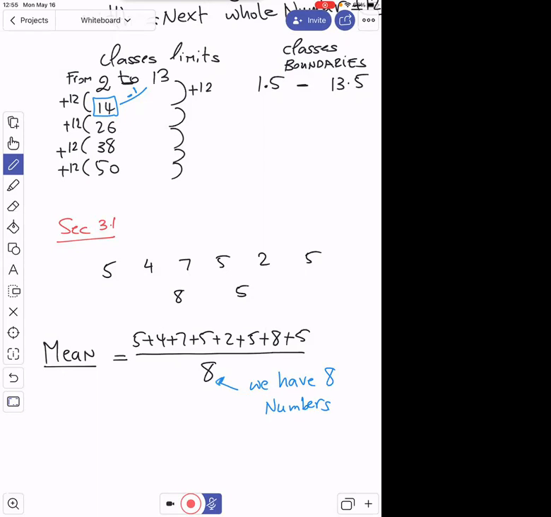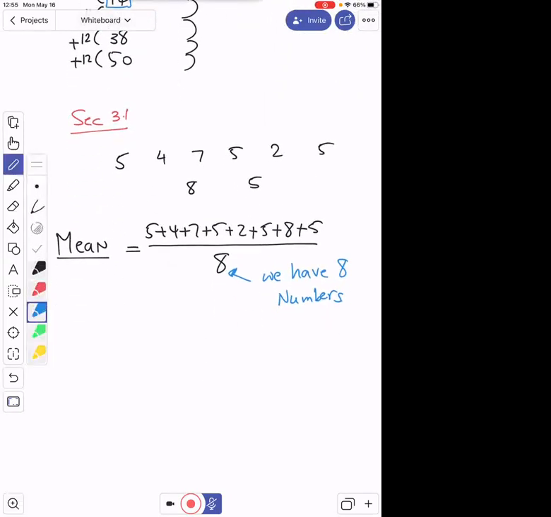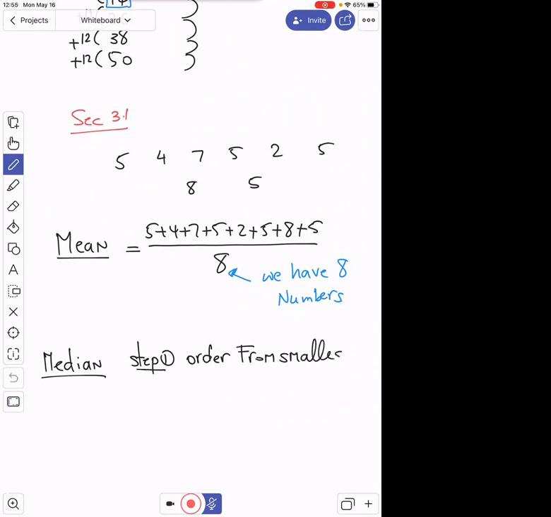And then you need to find the median. So first step in the median, you need to order your data values from the smallest to the largest. The smallest number is 2.